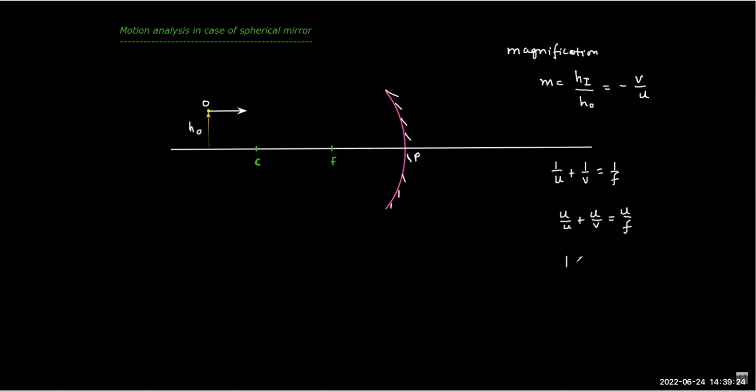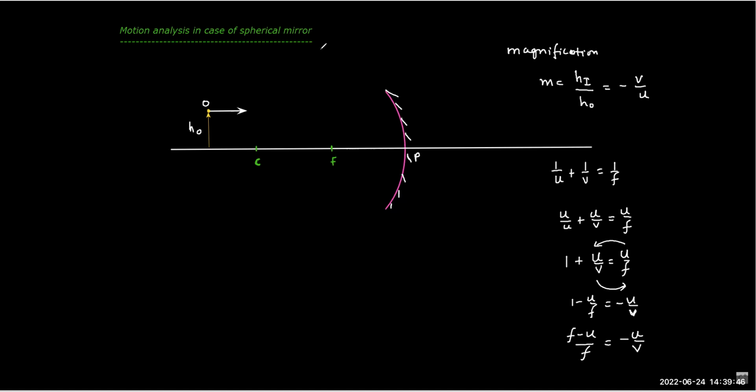Doing this will give you this opportunity of avoiding. So 1 minus u by f, if I bring this side and if I extend this side, this is minus u by f. So (f minus u) upon f is minus u by v.